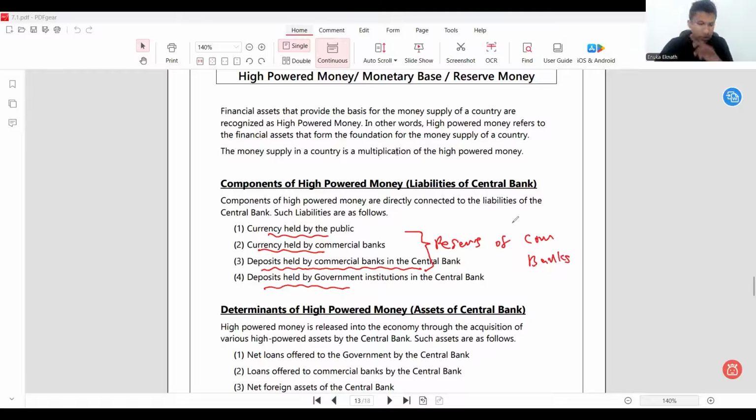So simply, high-powered money includes the first one, currency held by the general public, second, reserves of commercial banks, and third, deposits held by government institutions in the central bank. If we take those together it is three, but if we take them separately, we have four components. Right, now if you remember this simple thing, you can find the answer easily for this question 28.